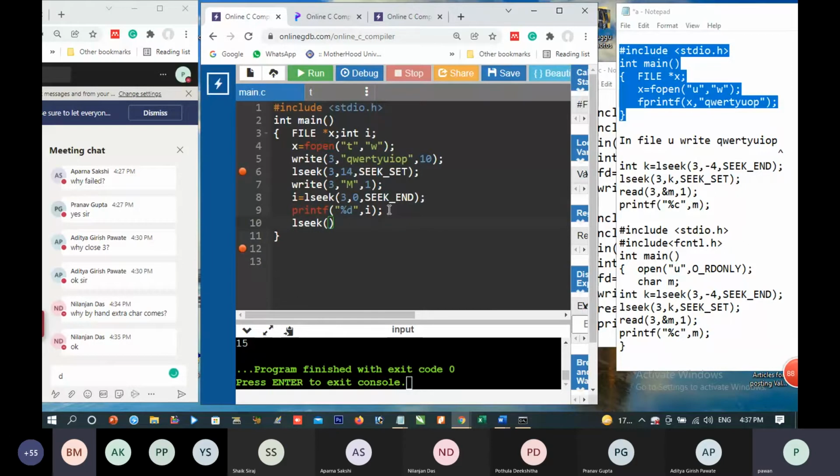Write me the output of this. What output are you getting for this particular program?